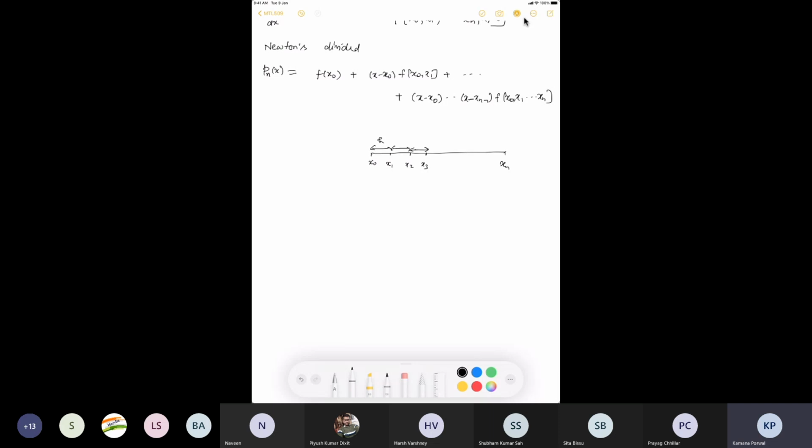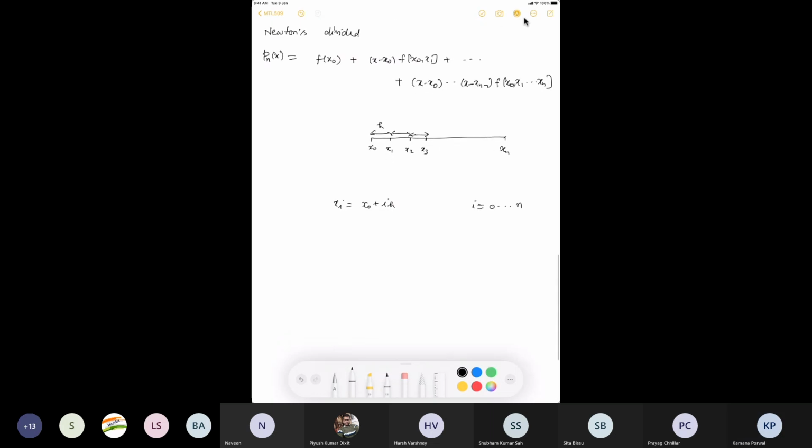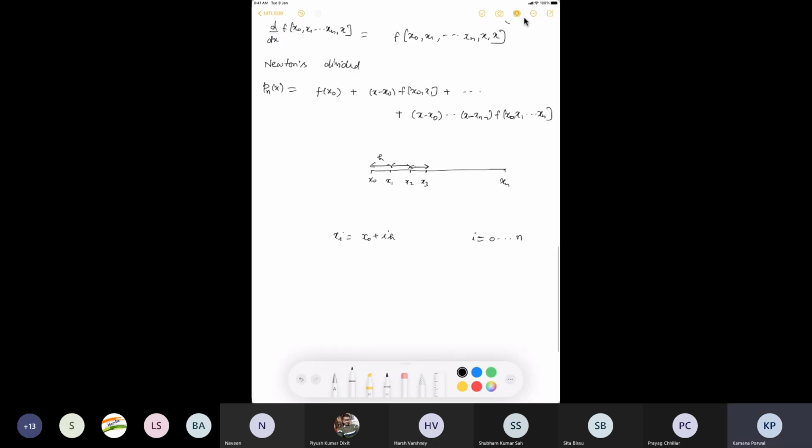So that is what we have, that my xi's are going to be x0 plus ih, with i ranging from 0 up to n. In this case, we can further simplify this Newton's divided difference formula for the interpolating polynomial.